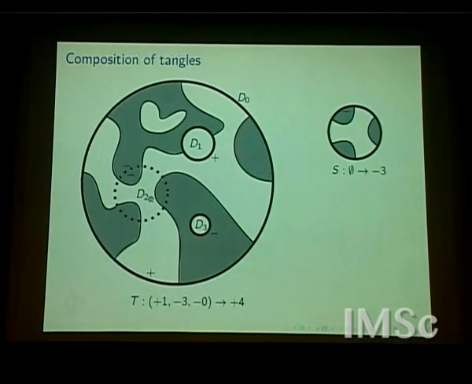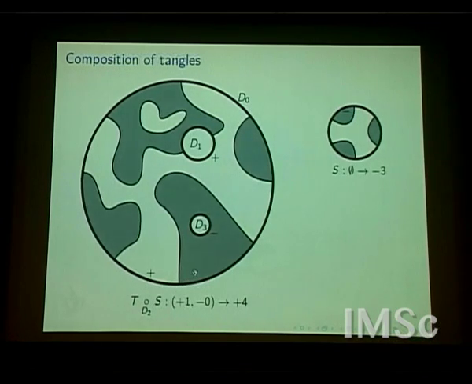And then you just erase the boundary and erase D2. So this is the composed tangle, and the composition is done over the disk D2 of T, where you have put S inside, and then the input becomes reduced, and the number of inputs is just 2, D1 and D3. So +1 going from +1, -0 to +4.